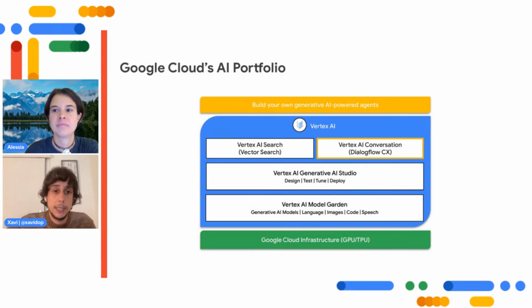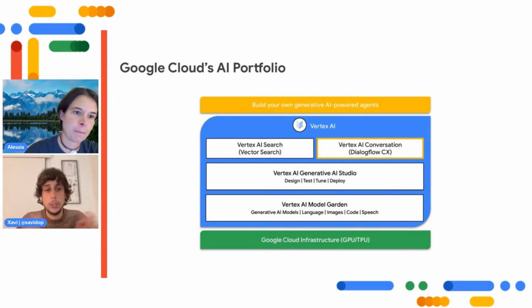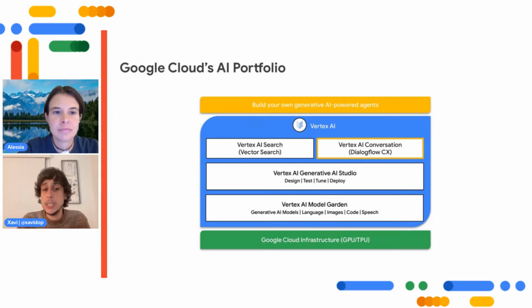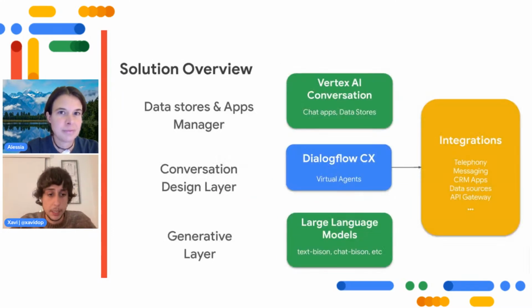On top of that, we have Vertex AI Generative Studio, where you can choose and play with large language models, try prompts, and fine-tune PaLM, for example. And then we have Vertex AI Search and Conversation, which is the new product that you can find on Vertex AI, and we will talk about it a little bit more. But basically, you will be able to create knowledge bases with just a few clicks. And then on top of that, we have our AI platforms, which is, in this case, Dialogflow CX.